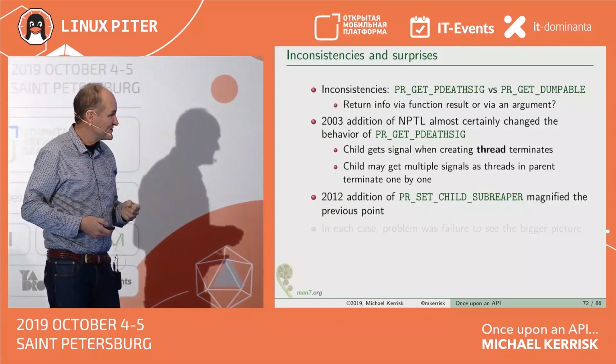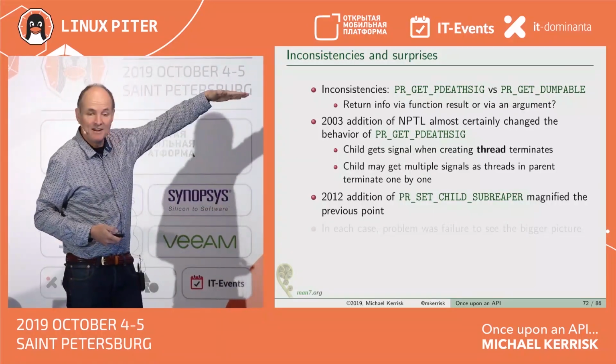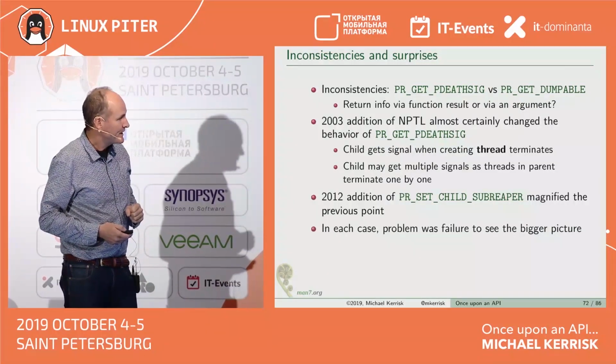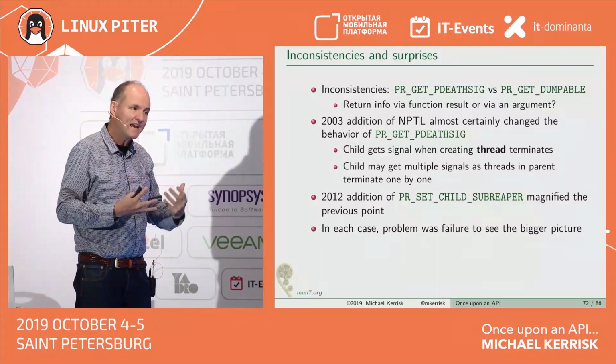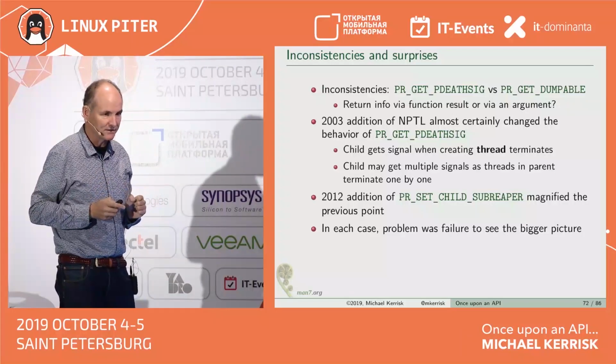The addition of child subreapers in 2012 also changed the behavior, and it magnified this previous point. And I think in each case the issue was a failure to see the bigger picture. How are things interacting?